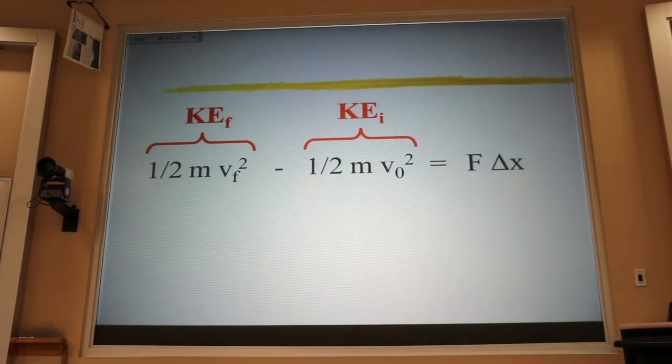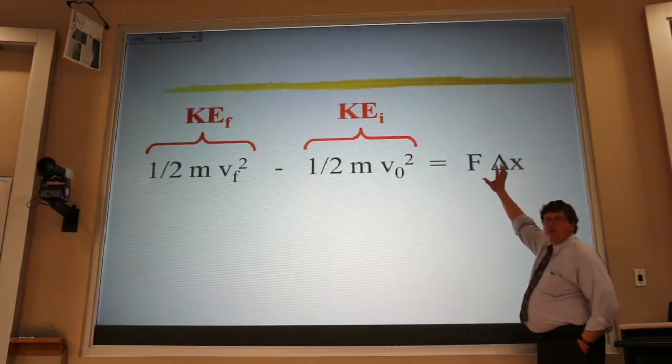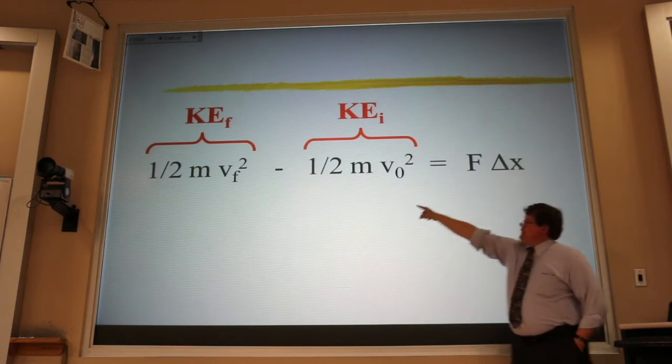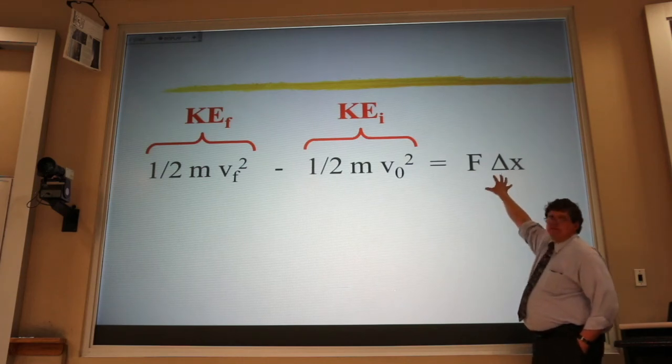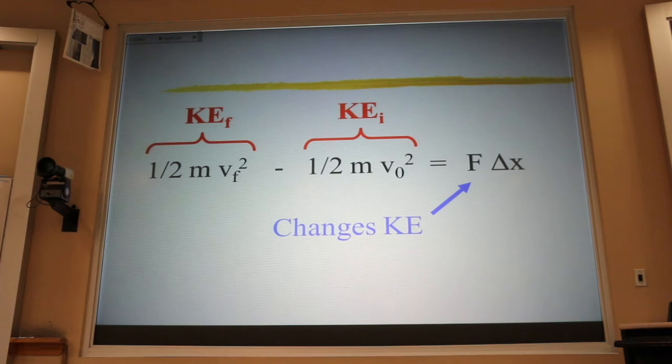If we're talking about my change in weight over the holiday, over the break, it's my final weight minus my initial weight. That's how we find it. And that means that this thing over here is what causes the change. If this were 0, those guys would be the same. This is what causes the kinetic energy to change.